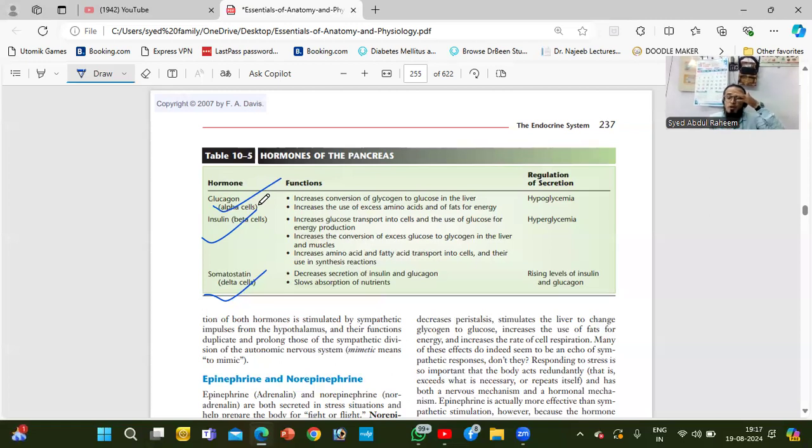So whenever you have a low level of glucose, glucagon will work. Whenever you have a high level of glucose, insulin will work.